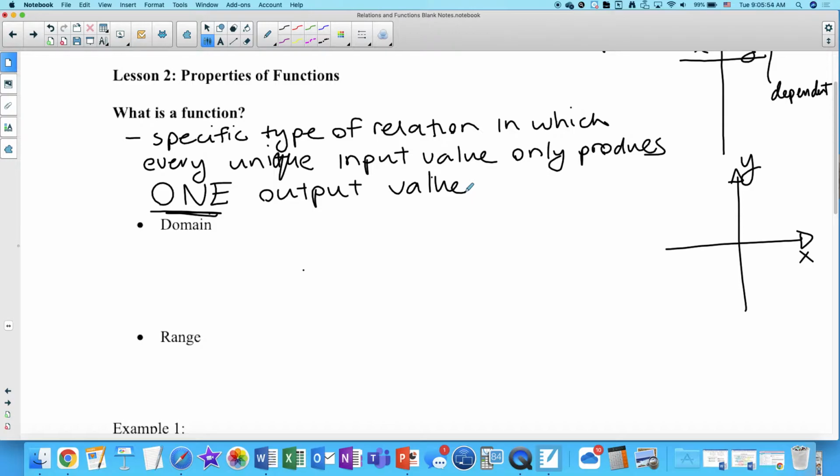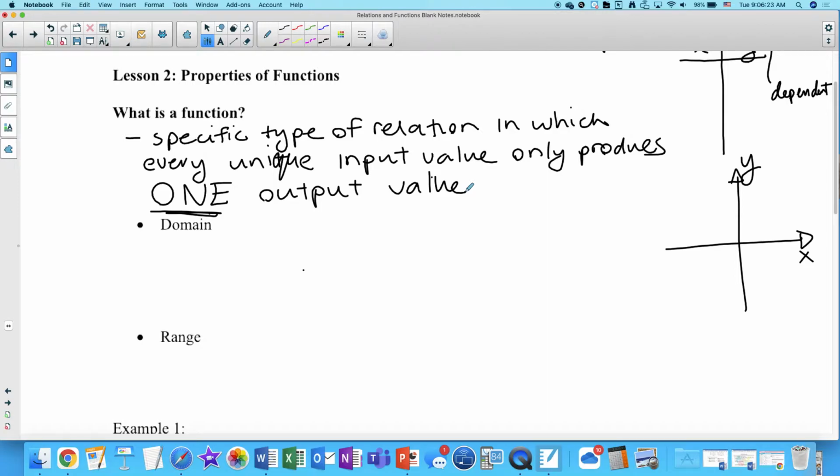Now, why do we introduce this? Because the feedback that I always get after we talk about functions is, why are we doing this? We're just complicating a relation which we already know how to work with. And that is partially true, but it becomes very important as you get more and more advanced in math, because functions actually communicate a dependency.